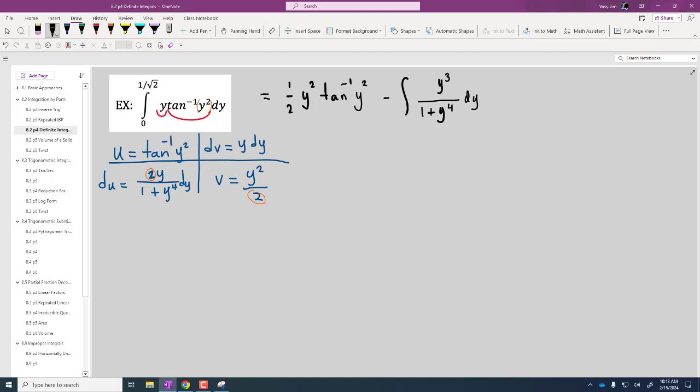And then the bar for the definite. So let's put that in both places. We're going to have a bar here from 0 to 1 over root 2, and then we're going to have limits of integration over here, 0 to 1 over root 2. And then what form is that integral in?